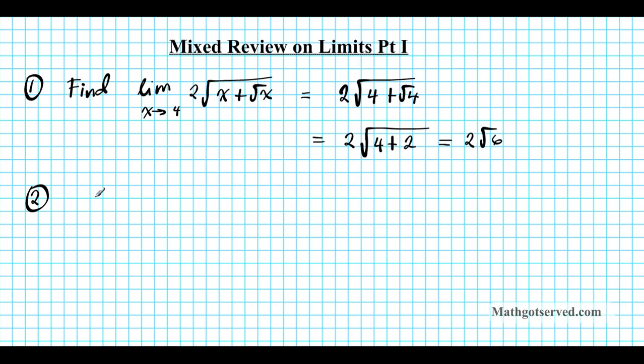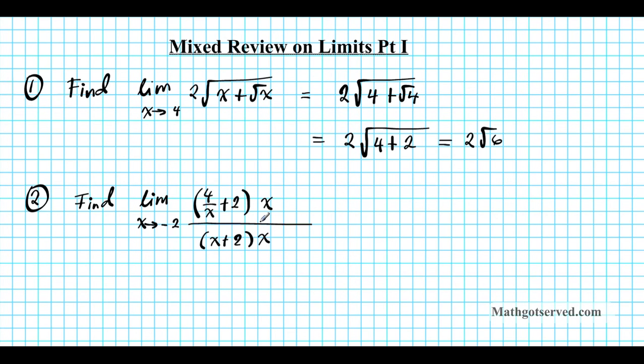All right, number two, let's find the limit as x approaches negative 2 of 4 over x plus 2 times x divided by x plus 2 times x.